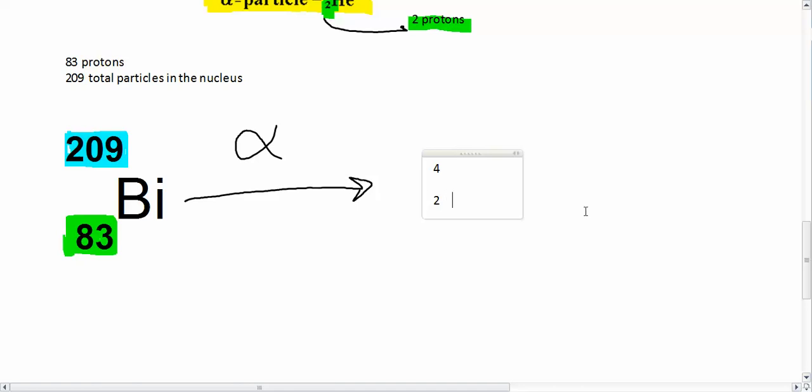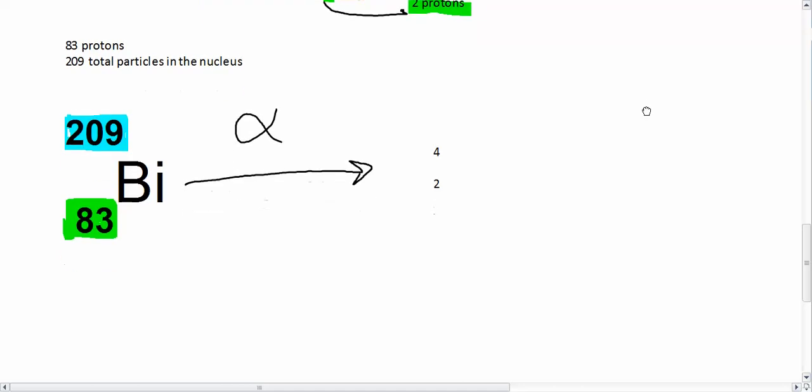There are a couple different ways you can write this. You can write A for alpha, or the Greek letter alpha. There we go, that's a pretty alpha.